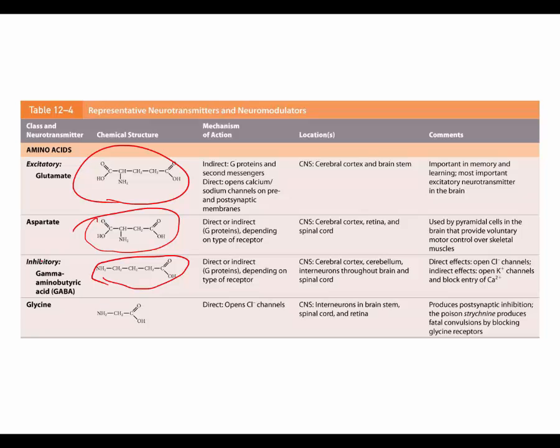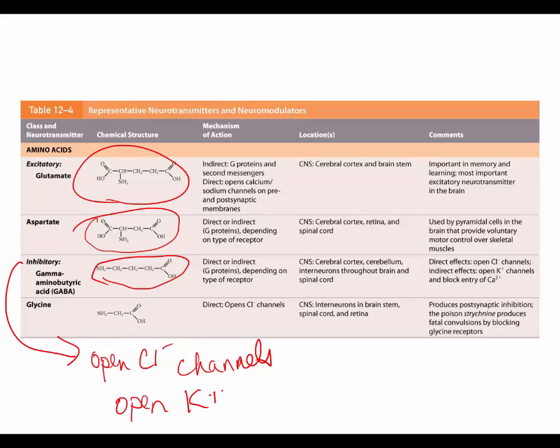You open chloride channels, so chloride rushes in and you hyperpolarize, or you open potassium channels. Potassium rushes out and you hyperpolarize. Both lead to hyperpolarization. That's inhibitory.